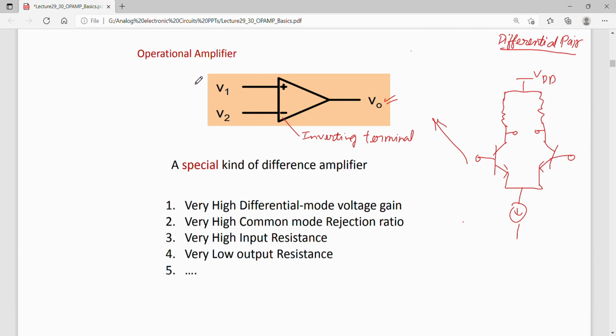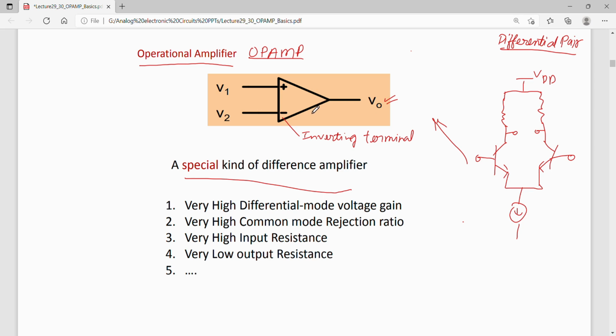Now let us talk about OPAMPs, that is operational amplifiers. This OPAMP is a special kind of difference amplifier, the same difference amplifier that we have studied so far using two transistors in parallel.